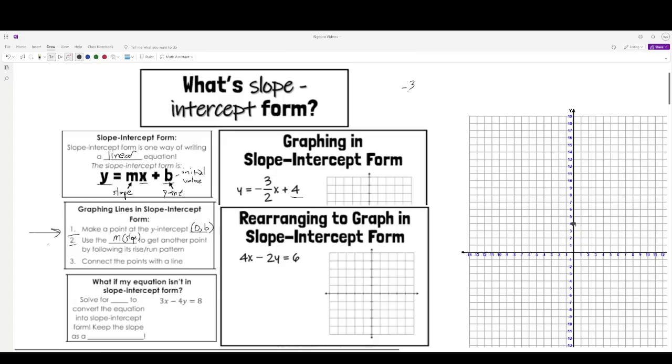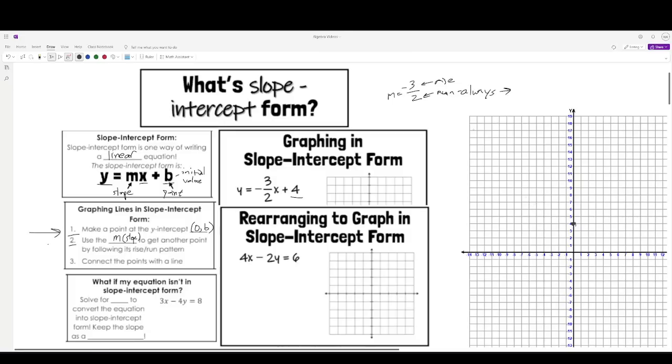So in this case, I have -3/2 as my slope. And remember, on top, that's my rise, and on bottom, that's my run. So from the point that I'm currently at, which is (0, 4), I'm going to follow that rise and run pattern, always remembering that run is always to the right.